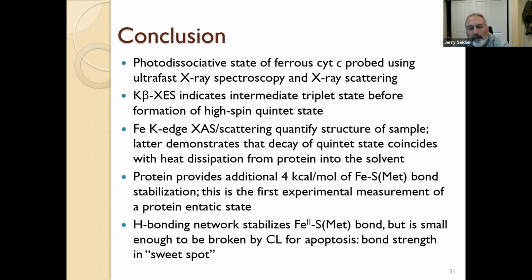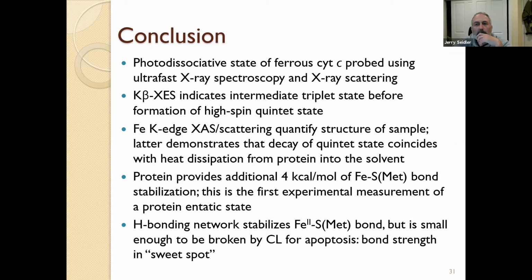Additionally, while we could have logically concluded that the triplet state was the dz squared occupied, just based on the energetics and the splitting of the d orbitals, we wouldn't have had any direct evidence of that. Again, logically that makes sense, but it allows us to confirm that. But I think the scattering and the solvent response ends up being very important, because you have things like the time resolved resonance Raman that show that this was largely due to heat dissipation, right?